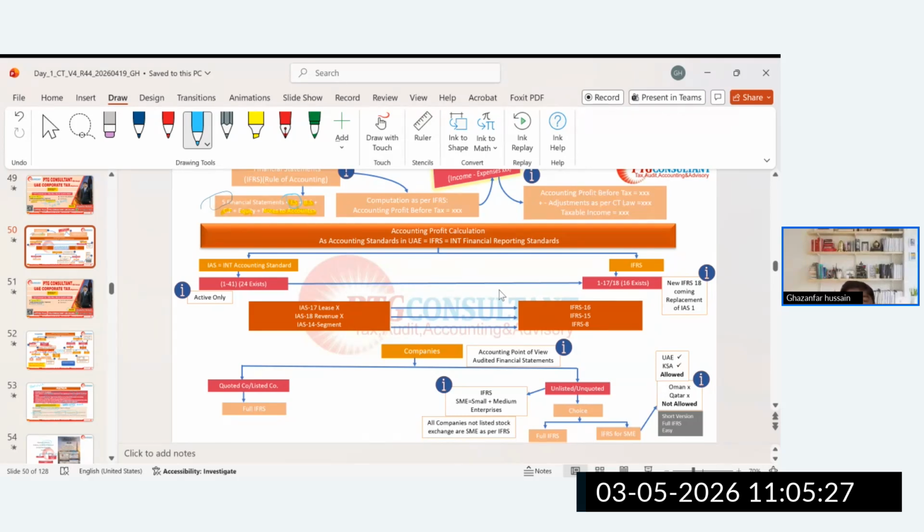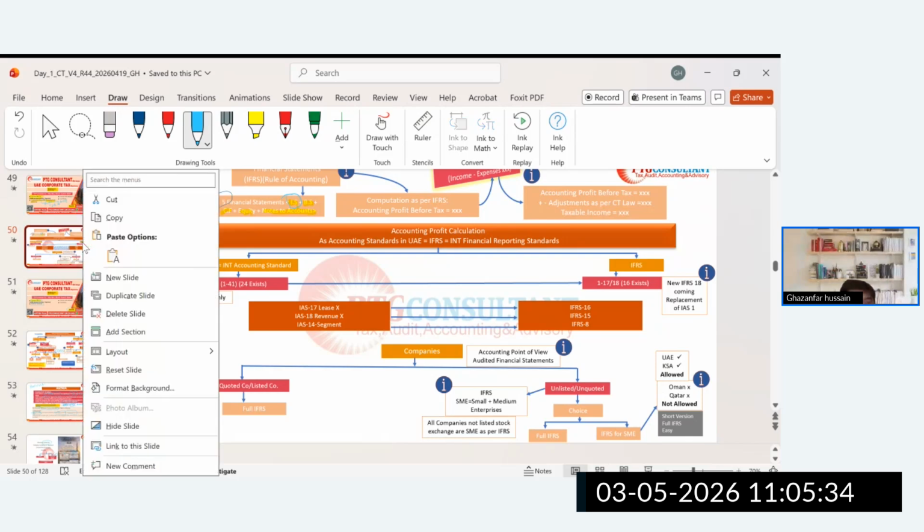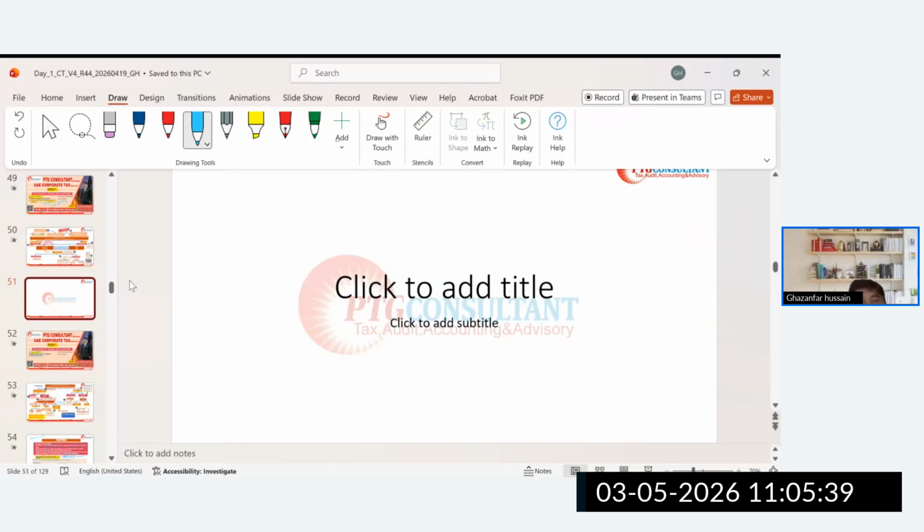Here we are discussing the financial statement. Let me add another slide. Normally we use the term audited financial statement, but we can also write it in full. Why are we saying this? Because if we are not familiar with this term, how are we going to file the corporate tax return? That is, from where do we take the data?